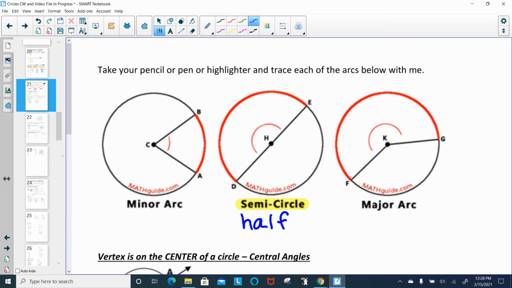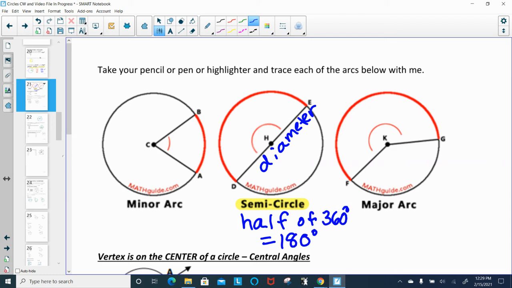And if you notice, it starts at one end of the diameter. Here's your diameter. Starts at one end of the diameter and goes to the other. So these semicircles are exactly half of 360, which is 180.